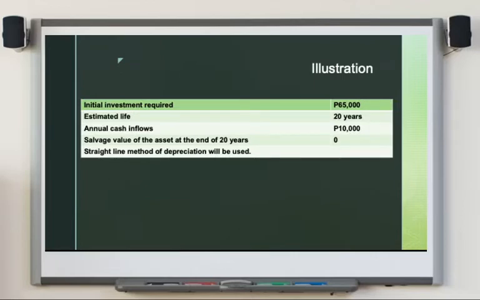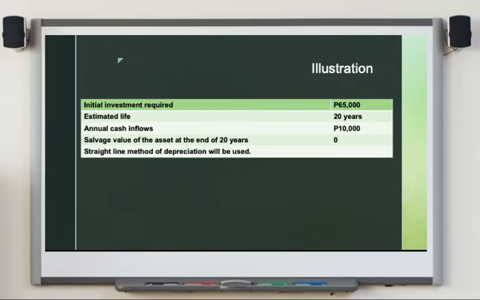So we have here an illustration which is also available on your reference. Consider the following information about a project proposal. The initial investment required is 65,000. The estimated life of the investment, if this is an asset or a machinery, is 20 years.